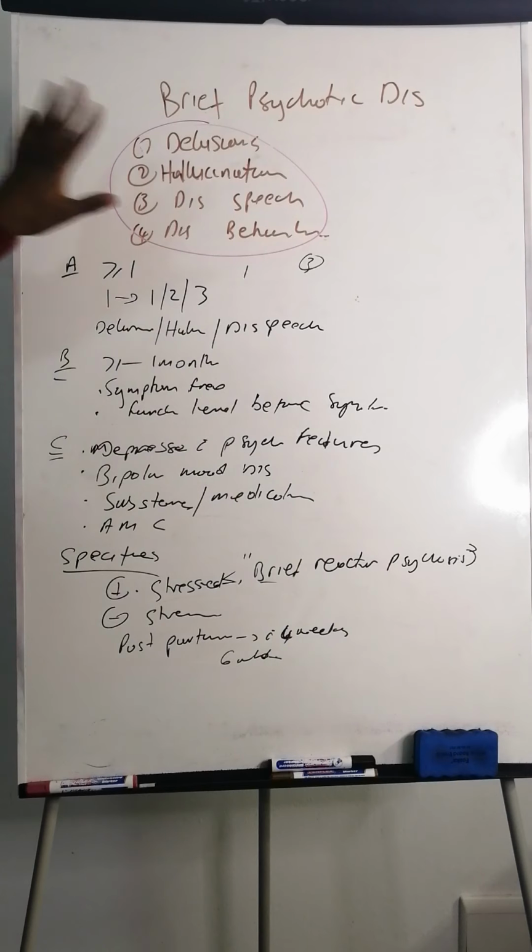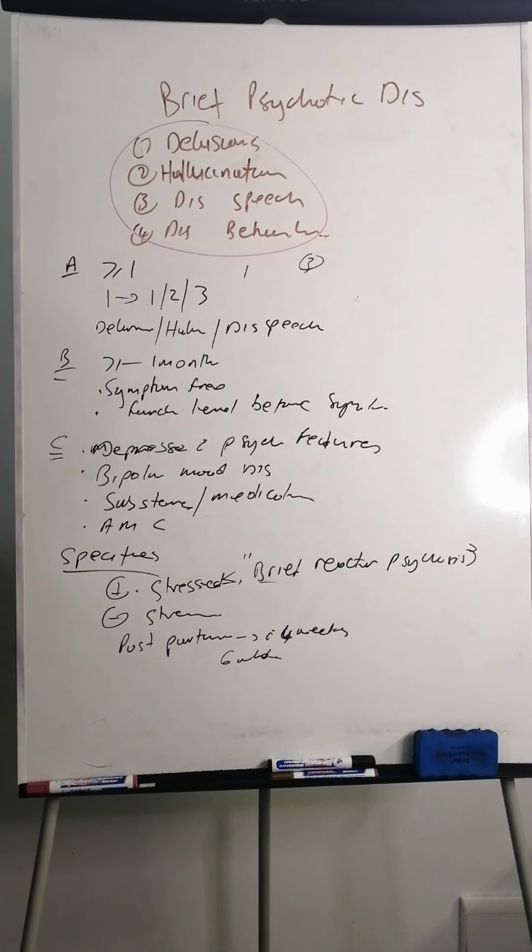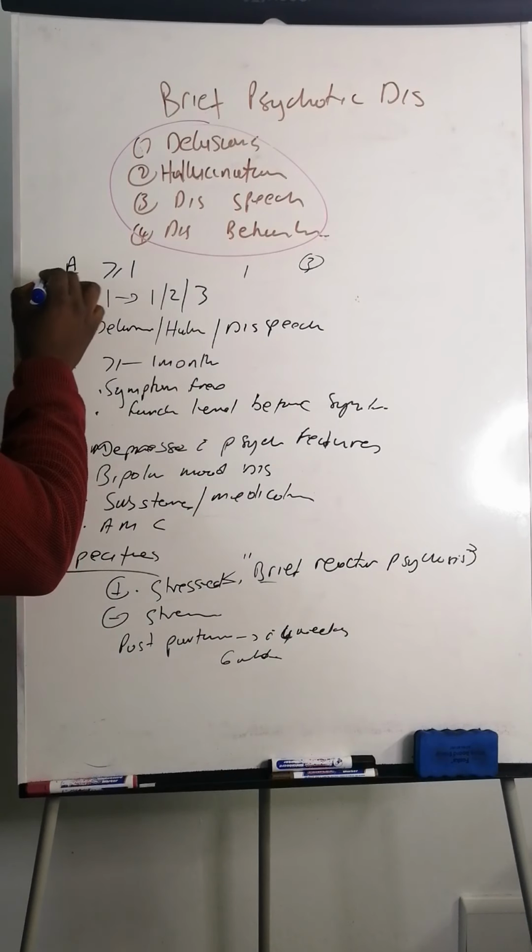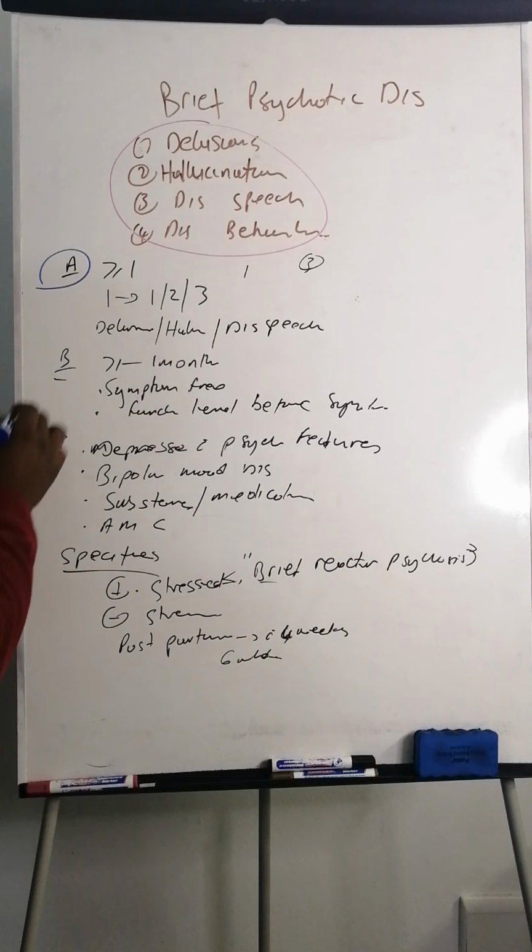Now, with a brief psychotic disorder, in order for us to say that this is a brief psychotic disorder, we look at criterion A, criterion B, criterion C, and also look at the specifiers.